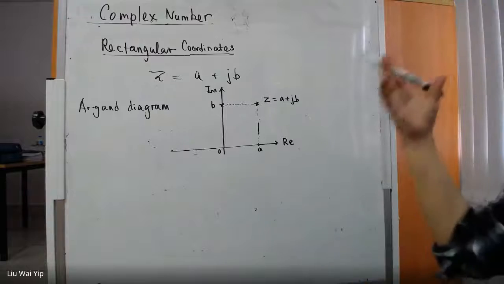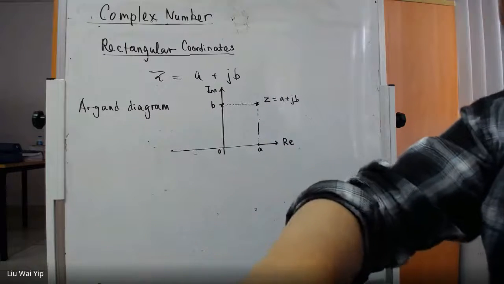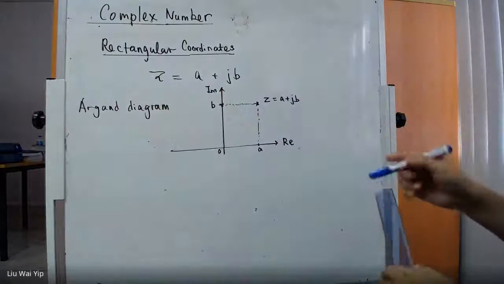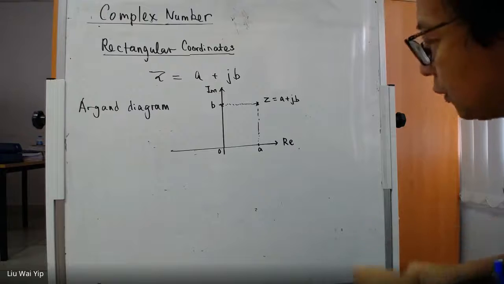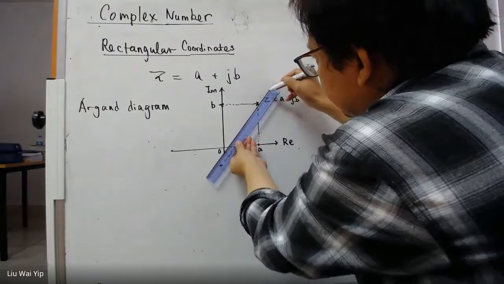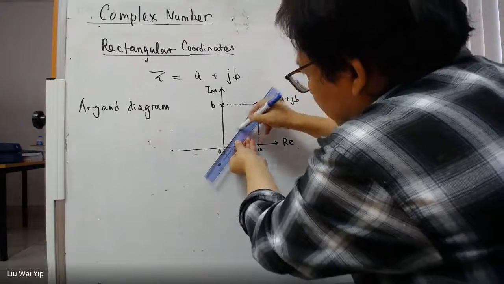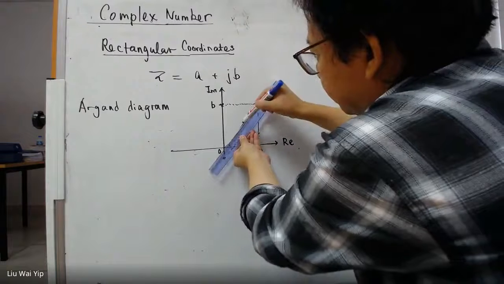So is there any other way to express the complex number? The answer is yes. What we do is, first of all, we join Z to the origin. We draw a line to join these two.